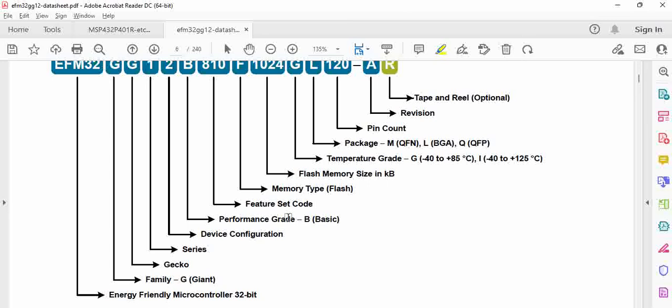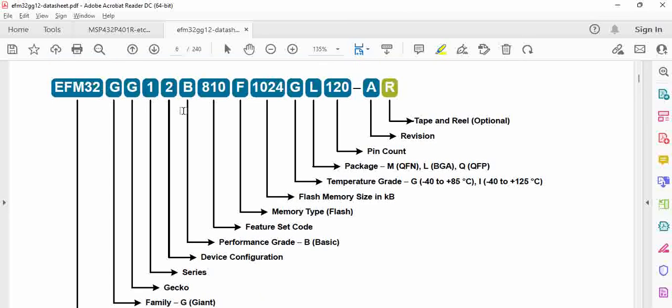Apart from this, our most interest is on the flash memory, 1024 KB, and then the temperature grade at which you want to select, and the pin count.